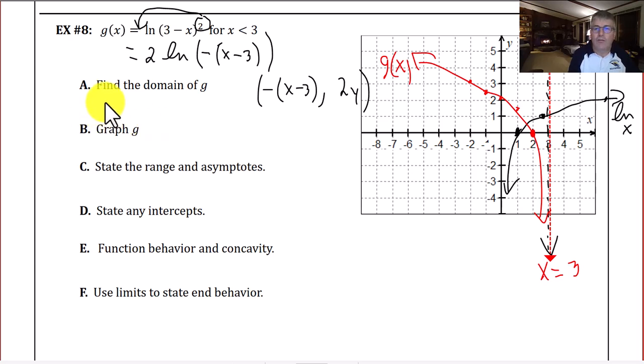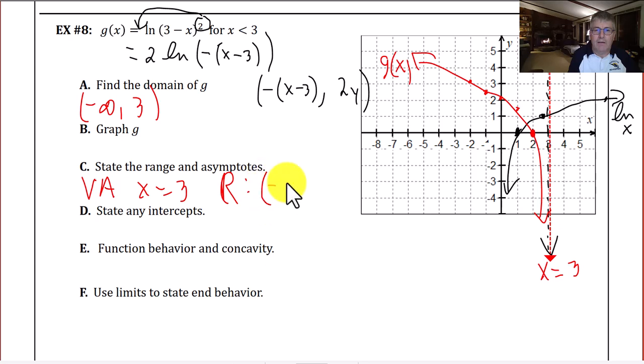So find the domain of g. Well, we don't have any x's to the right of 3, so our domain goes from negative infinity to 3, non-inclusive. State the range and the asymptotes. I've got a vertical asymptote at x equals 3, and our range does go from negative infinity to infinity.